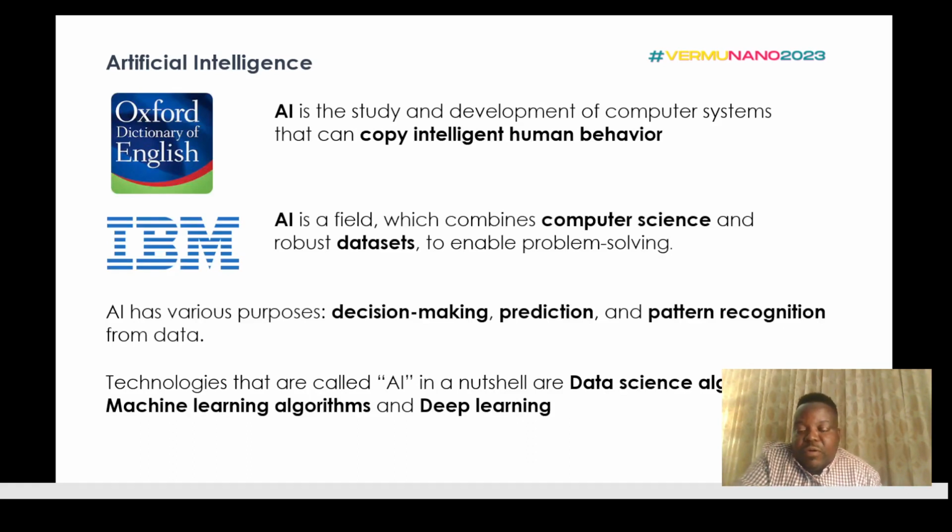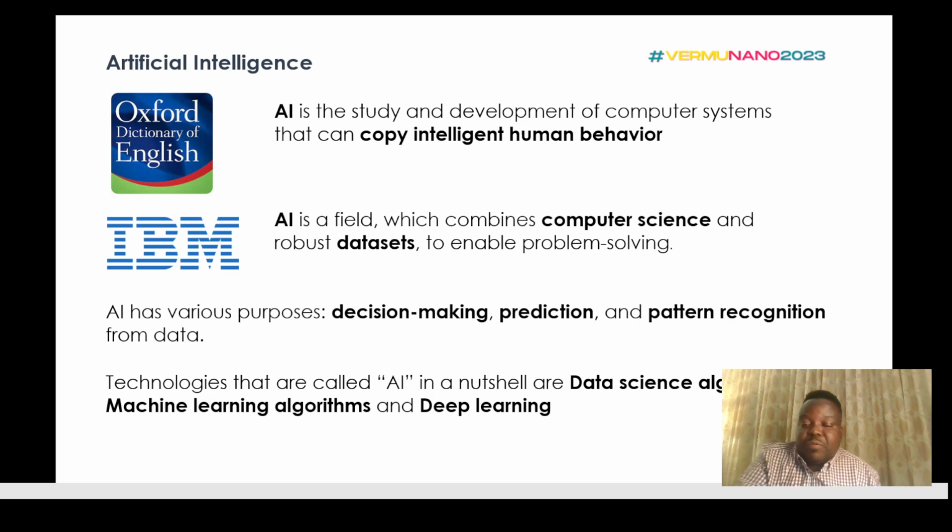Now, one of the topics that I'm going to talk about is artificial intelligence. According to the Oxford Dictionary, AI is the study and development of computer systems that can copy intelligent human behavior. IBM defines AI as a field combining computer science and robust data to enable problem solving.